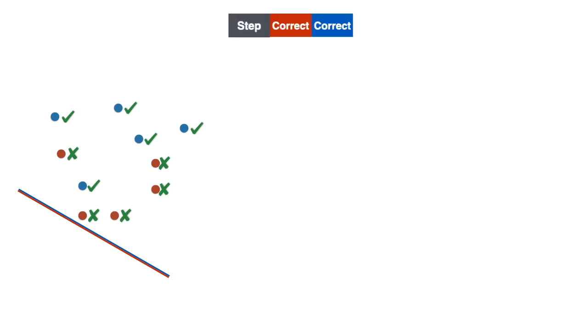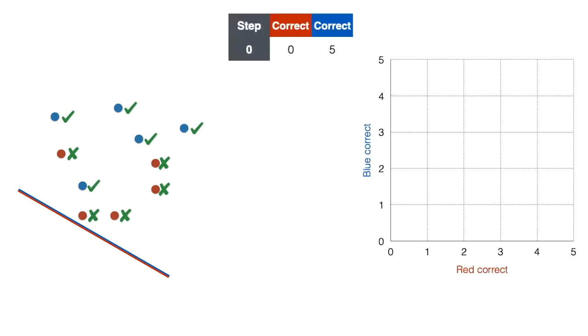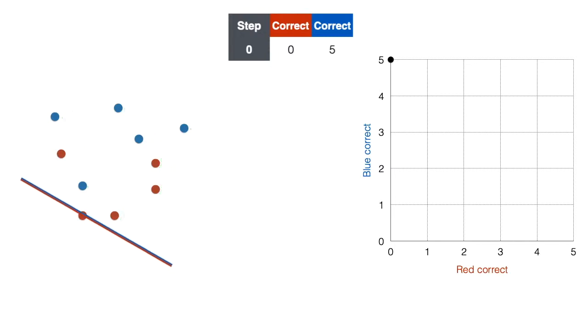We record the 0 and 5 in this table here, and then we plot them in the graph at the right as this point over here. Next, we translate the line a little bit until it goes over one of the points. And now we do the same thing. How many correct red and blue points do we have? Well, there's one red point at the bottom of the curve that used to be classified incorrectly and now is classified correctly, and all the rest are the same.